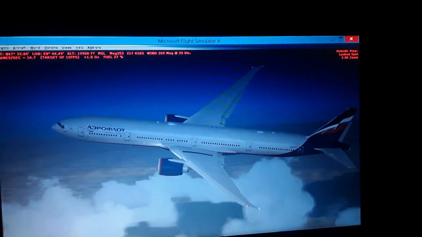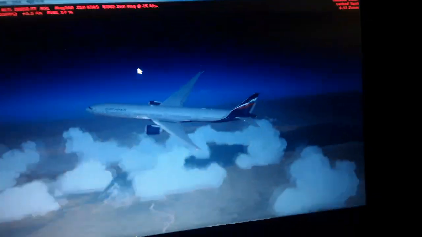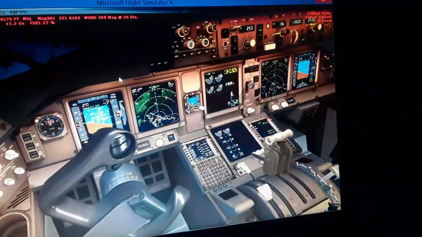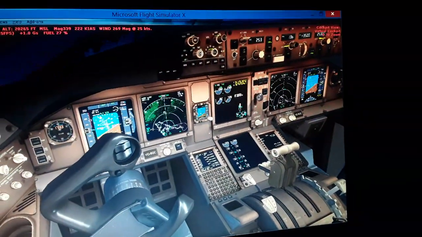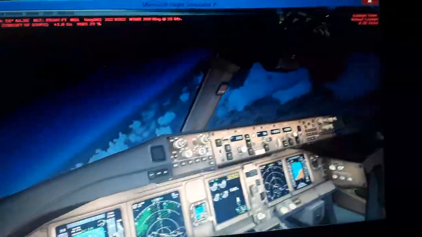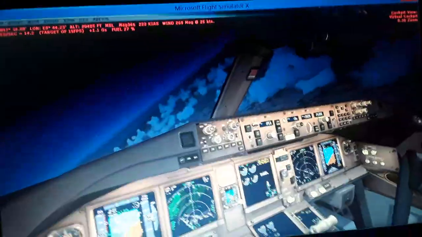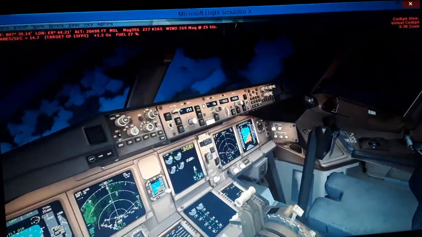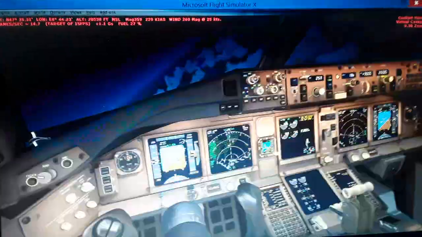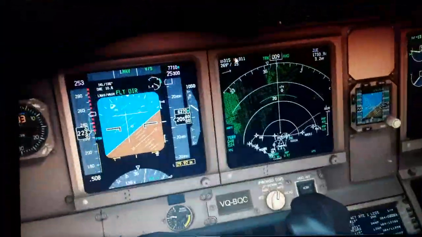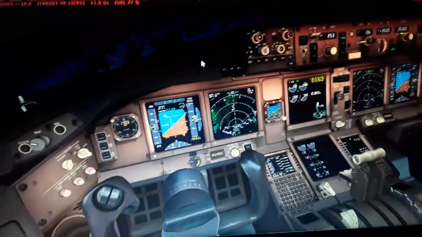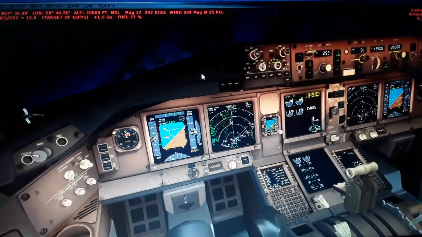We keep climbing. So we need to make a turn here for following the flight plan, as you can see. 30,000. Need to make a turn like this.